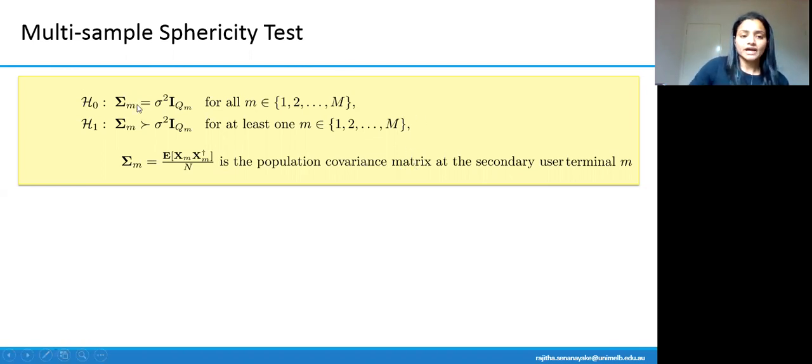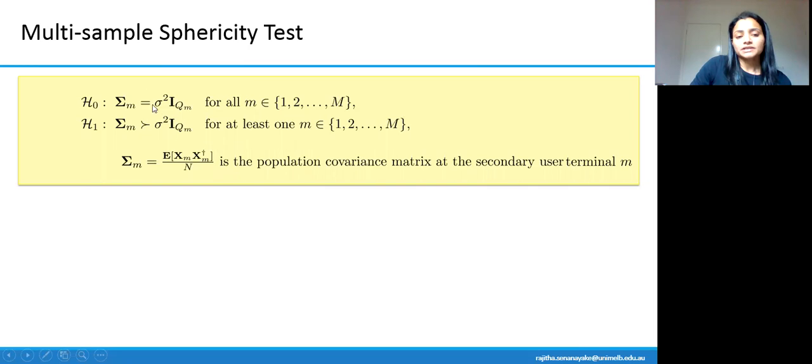So before we had a Sigma here, which is the population covariance matrix by collecting all the signals received from the secondary user terminals. So that was the big Sigma that we calculate at the fusion center. But now we allow the secondary user terminals to do some processing. So we basically allow them to calculate this population covariance matrix locally within the terminal.